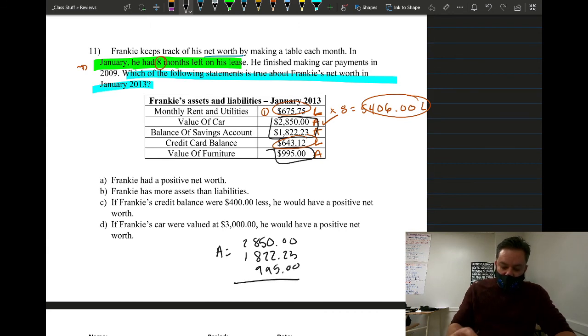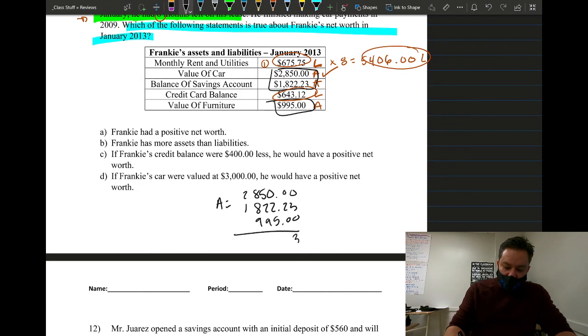When I add those three, I get 3, I get 2, I get 7. My decimal goes right there. That's 14 and 2 is 16. Carry the 1. That's 16. And 10 is 26. Carry the 2. That's 5. $5,667.23 is going to be my assets.